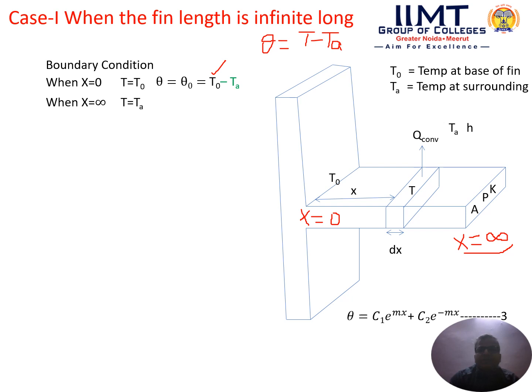When at x is equal to infinity, T is equal to Ta, then Ta cancels, that means theta is equal to 0. That means at x is equal to infinity, T is equal to Ta, and theta is equal to 0. By these two boundary conditions, we can easily get the values of C1 and C2.